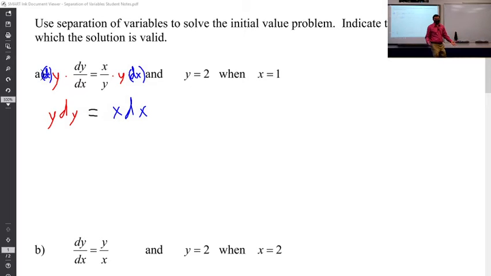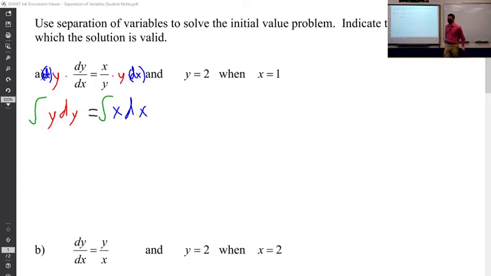And now, since we have an equation with everything with y on one side and everything with x on the other side, each side only has one variable going on, then that becomes easy to take some antiderivatives. We're going to take the antiderivative of both sides.